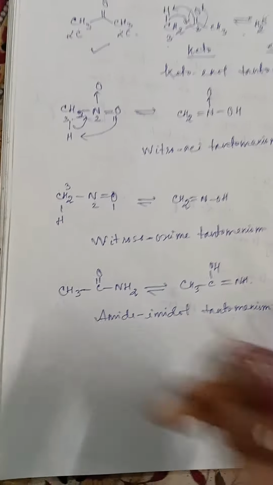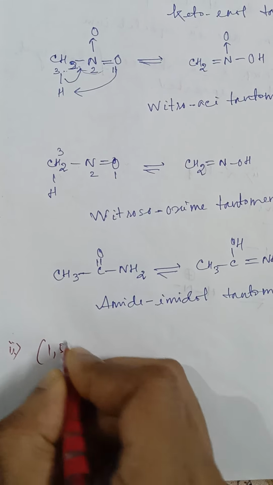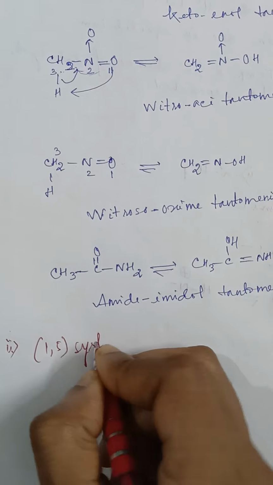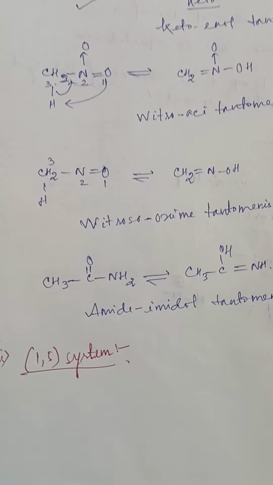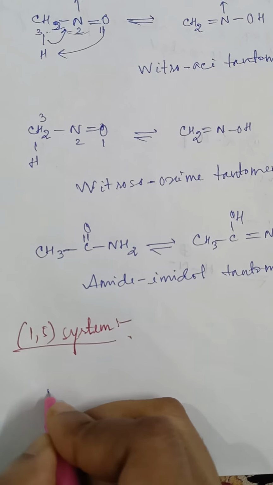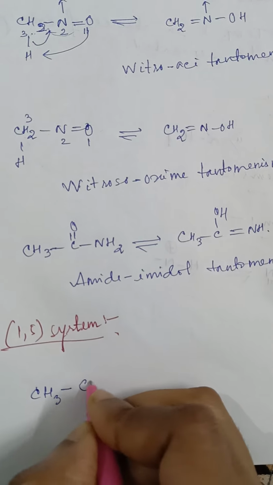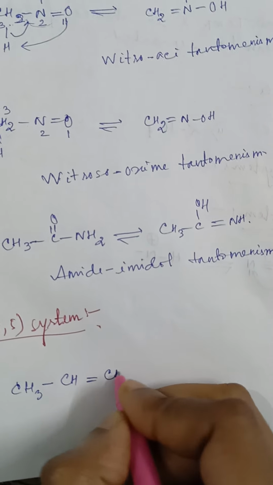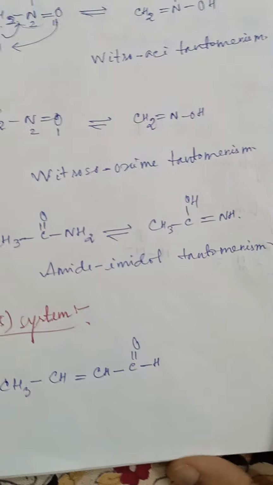Now we'll see 1,5 system. Okay. So in 1,5 system, I'm giving an example. CH3, CH double bond CH, CHO. This is known as crotonaldehyde.